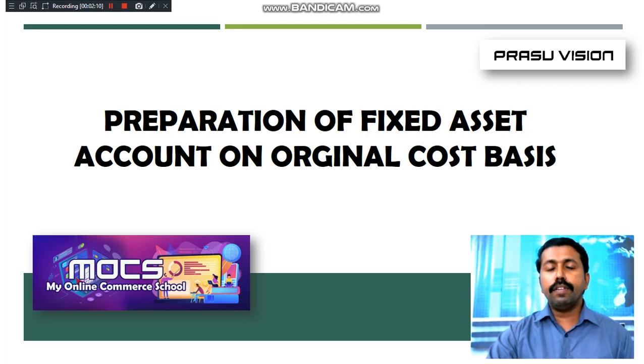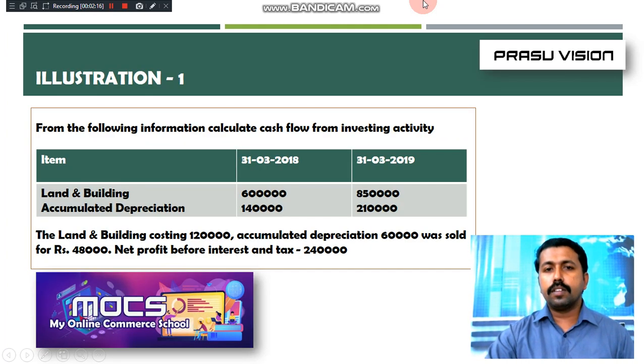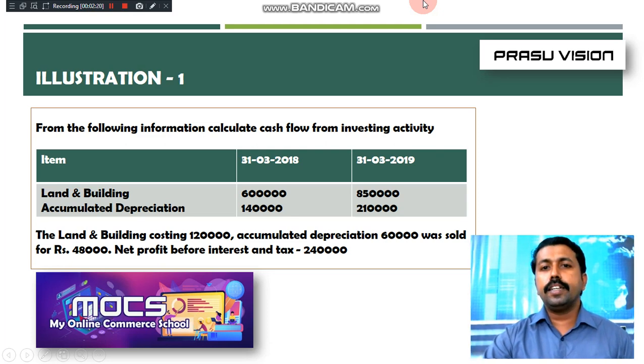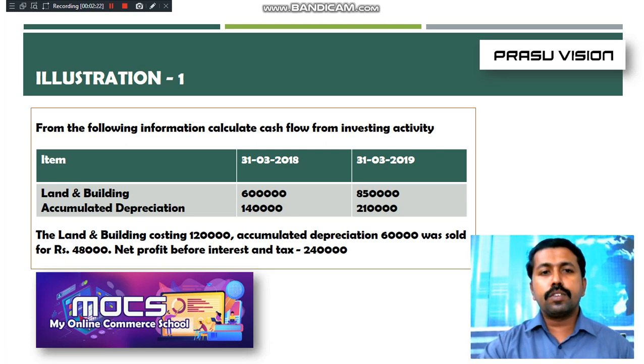So we can develop the concept by solving the problem. So remember how to prepare the fixed asset account and accumulated depreciation account. From this question it is very clear that two years' figures are given for land and building, and also the accumulated depreciation amount is given.